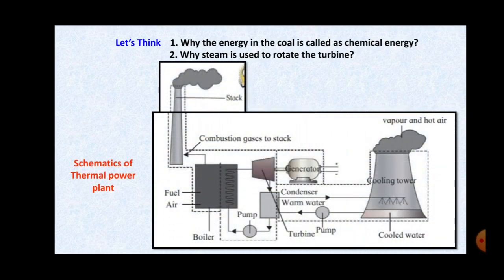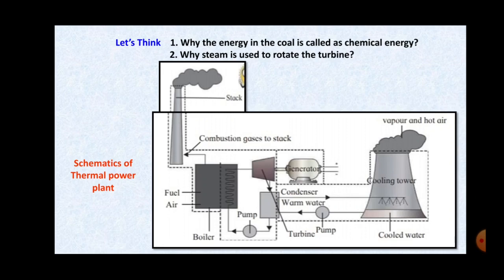Then the picture you can see is the schematic of a thermal power plant. Now first we will see what we observe in this picture. First we see that there are two big towers, right? The very first one where the stack is written, and the second one the cooling tower. Then there is a boiler. Obviously boiler means the water is heated here.